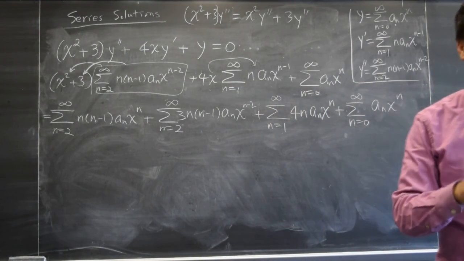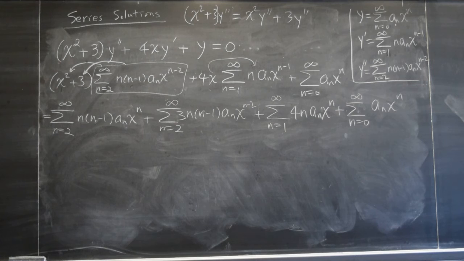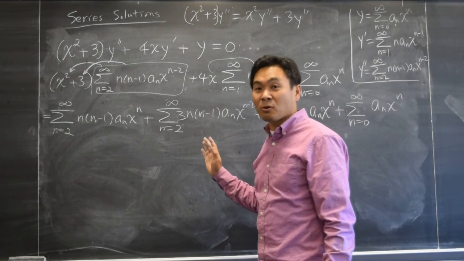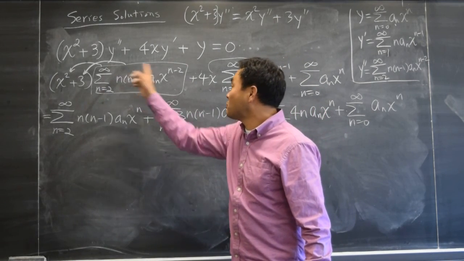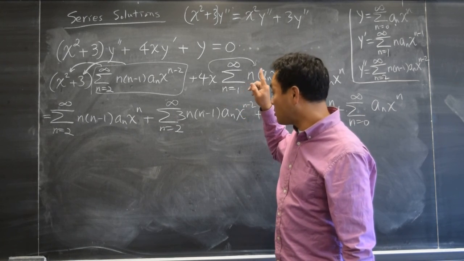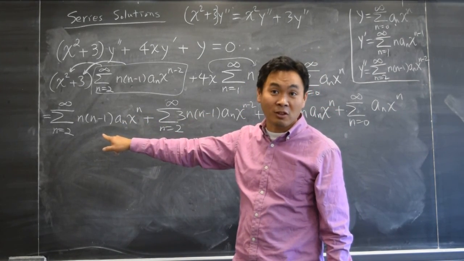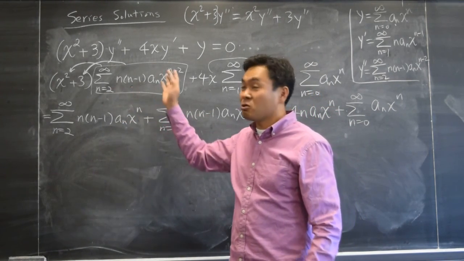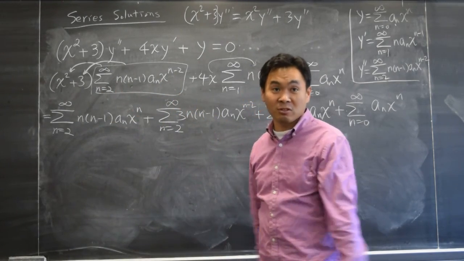You don't want to do the shifting first and multiply them inside, because you would get x to the n and x to the n minus 2, where one requires shifting and the other doesn't. So you really want to have two different summations.